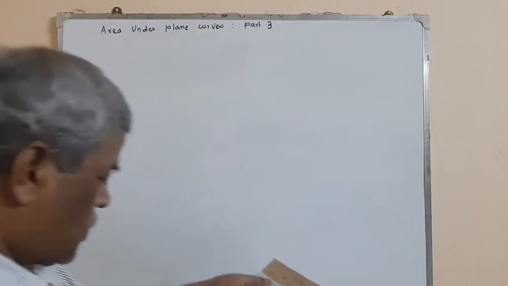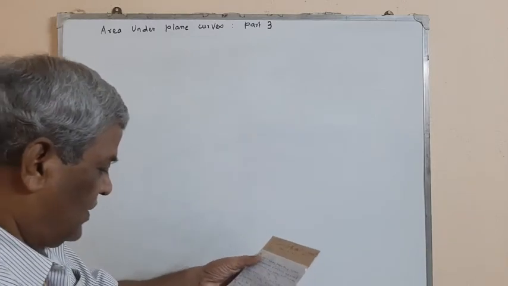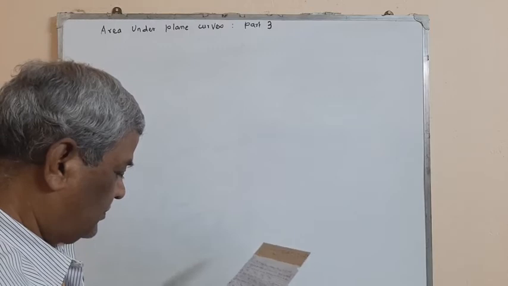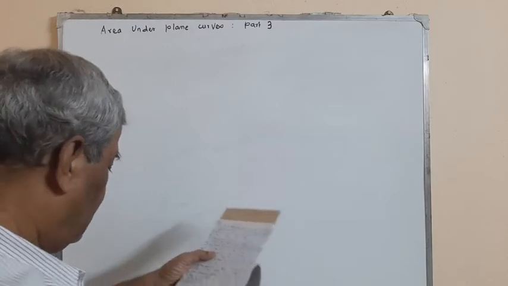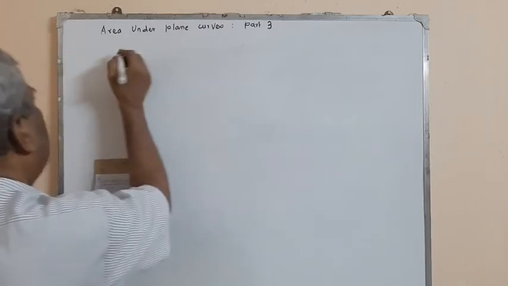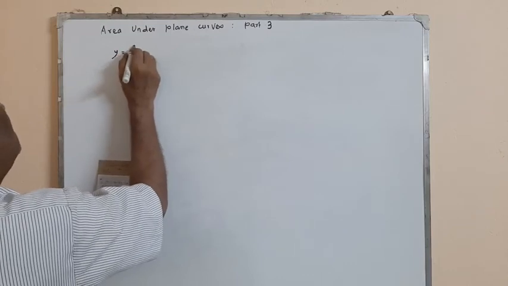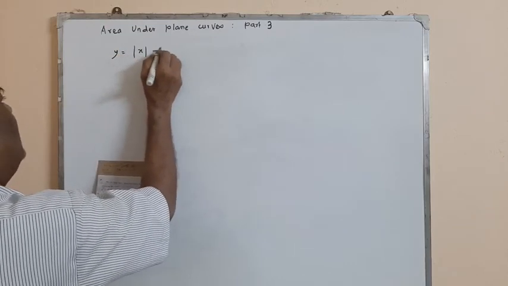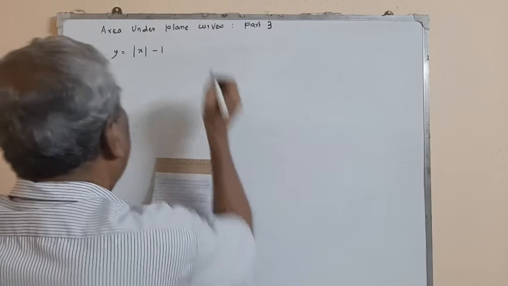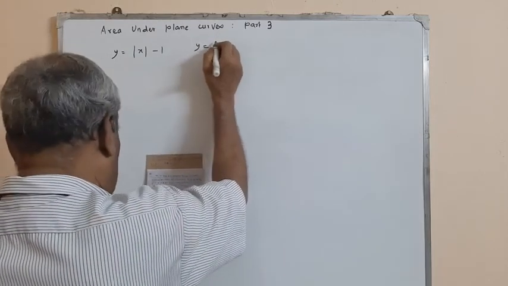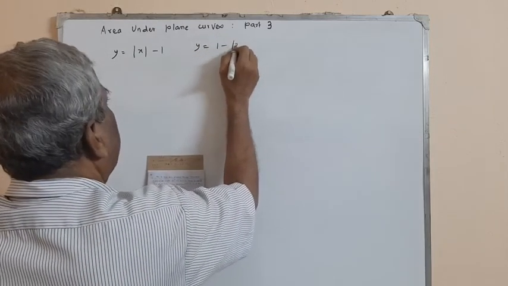Our next problem is: the area bounded by y is equal to mod of x minus 1 and y is equal to 1 minus mod x.